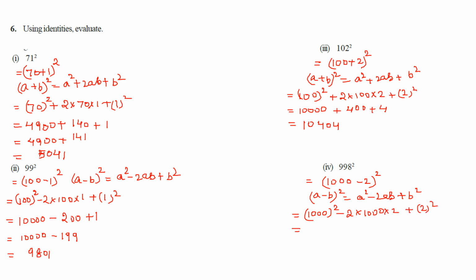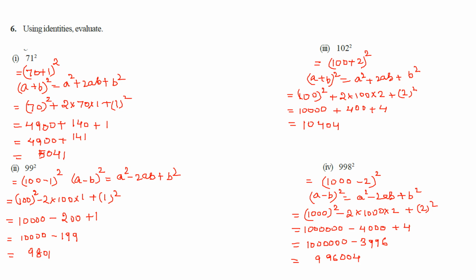Now 1000 is having 3 zeros, so the square will have 6 zeros. So 1, 2, 3, 4, 5, 6 zeros, minus 2 into 2 is 4, 4 into 1000 is 4000, plus 4. And minus 4000 plus 4 will give me minus 3996. And if I subtract, I will get 996,004. So this is the answer for 998 square.